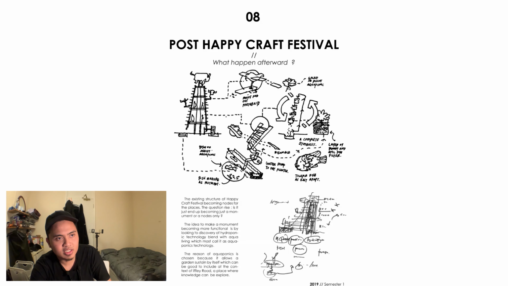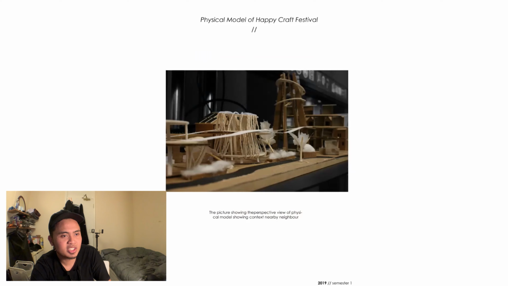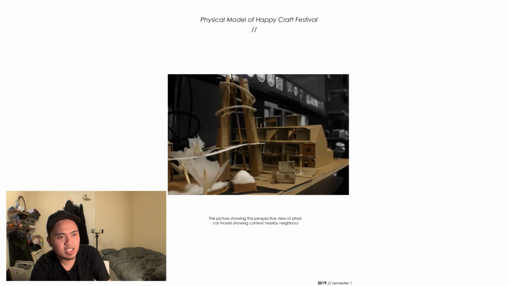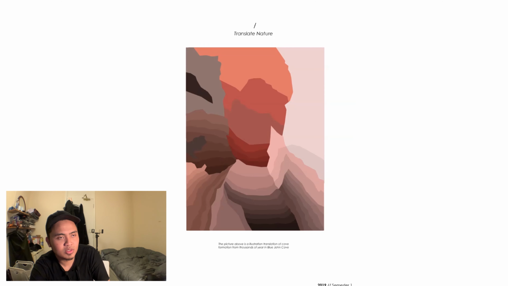And this is the facade that I already did, and then this is how to respect nature, and I converted it into a piece of art to know the depth of nature itself. And that's it. Peace.